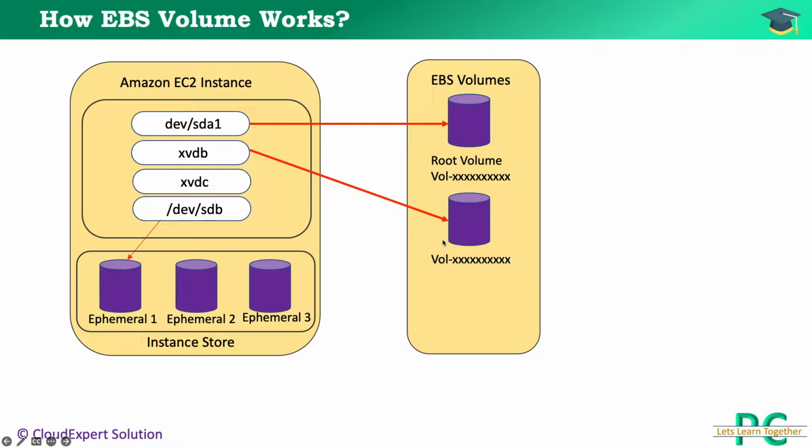If you are provisioning additional EBS volumes, AWS will provision one EBS volume from the volume pool, and after that you can attach that volume with the EC2 instance. Additional volumes will be attached with the name xvdb or xvdc.